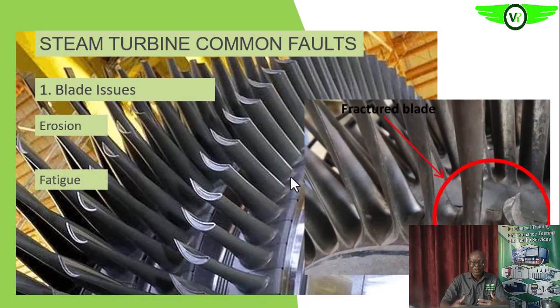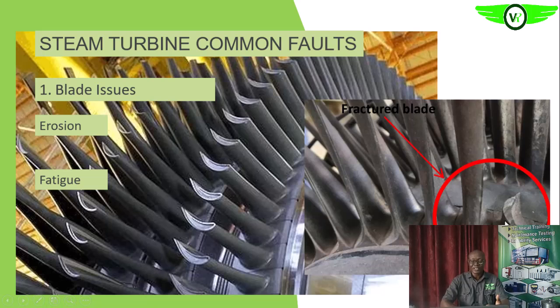Of course, remember, erosion and corrosion reduce the integrity of the blade, and with repeated stress because of the harsh operating condition around the blade, that can cause fatigue stress that will eventually result in something like this.